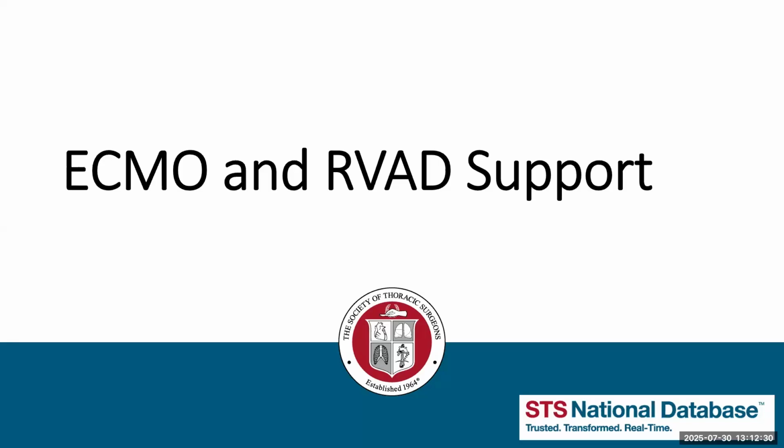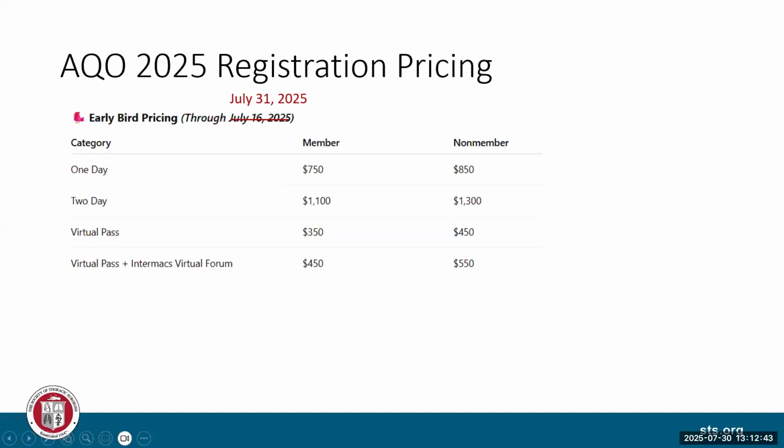Rosalind is asking, the standalone virtual pass is what we sign up for the AQO info access after September 23rd. Let me go back to the screen. Yes. So, Emily, I might need to lean on you on this one.